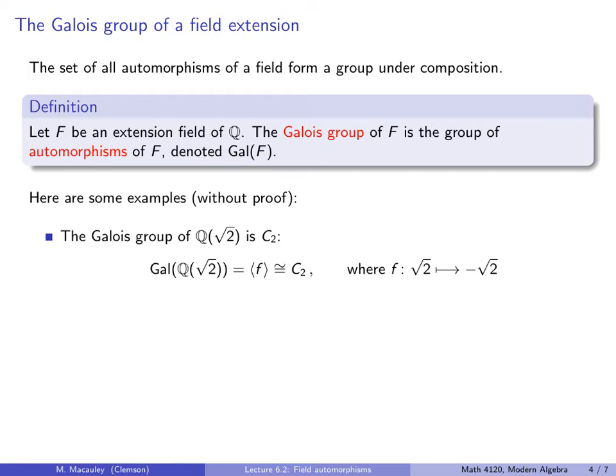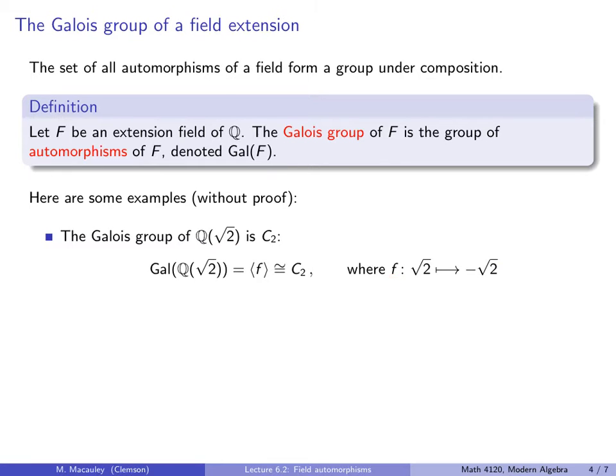Here are some examples without proof. First of all, the Galois group of Q adjoined root 2 is, well, technically isomorphic to C2. So I asked you to think about what other automorphisms of Q adjoined root 2 there were besides the identity and the one that sends a plus b root 2 to a minus b root 2, which, if you want to abbreviate, you can write like this because we know it fixes the rational numbers, so it fixes the a part.